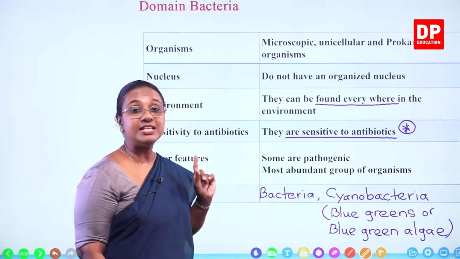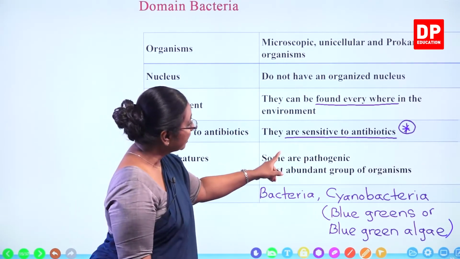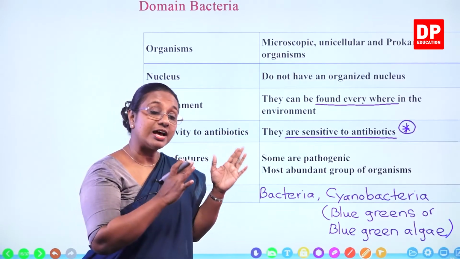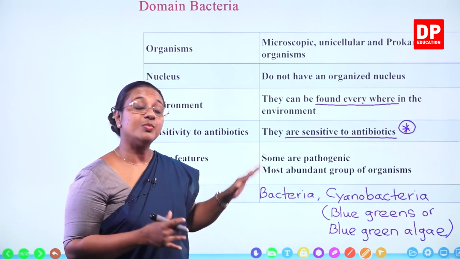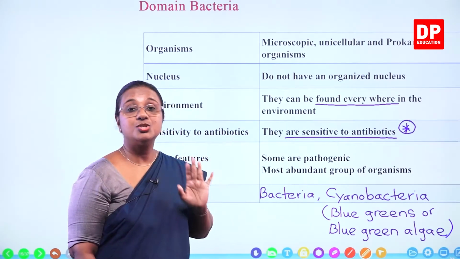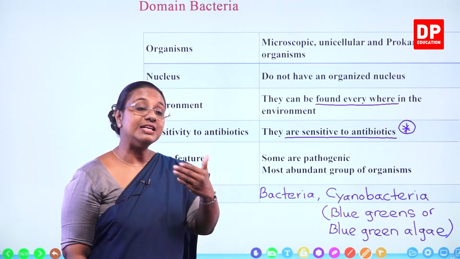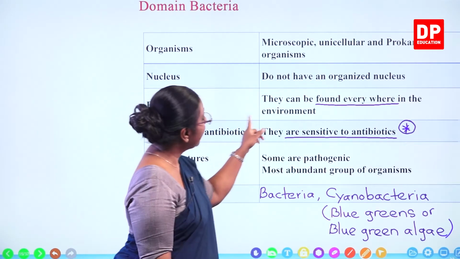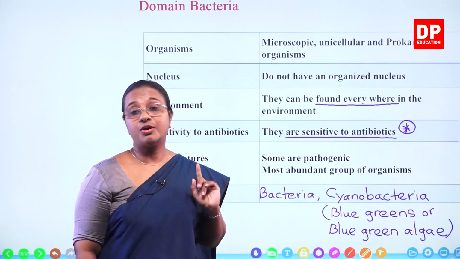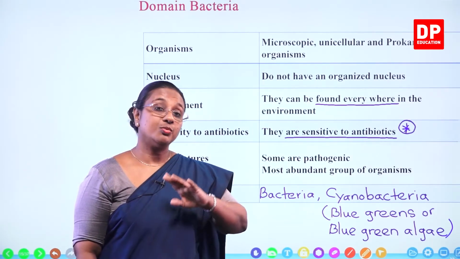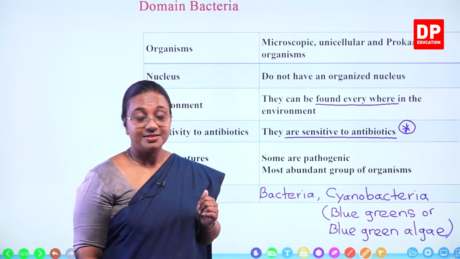But when it comes to sensitivity to antibiotics, archaea, they are not sensitive. But bacteria, they are sensitive. So there are similarities and differences between these organisms. So that is why this particular classification is very, very useful. You can understand both the characteristics, similarities as well as differences. So bacteria, they are sensitive to antibiotics. So that means you can control the growth of bacteria using antibiotics. So we can treat diseases caused by bacteria using antibiotics.